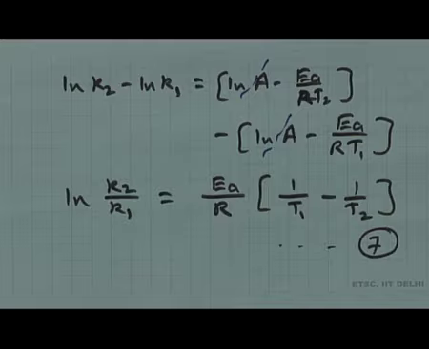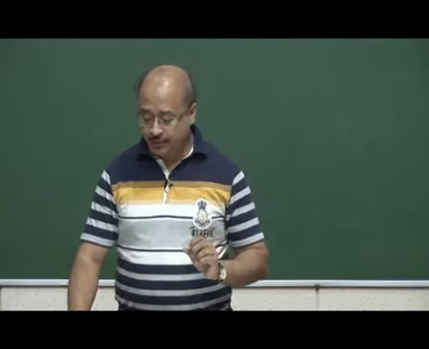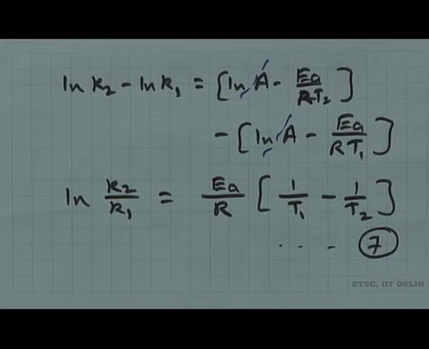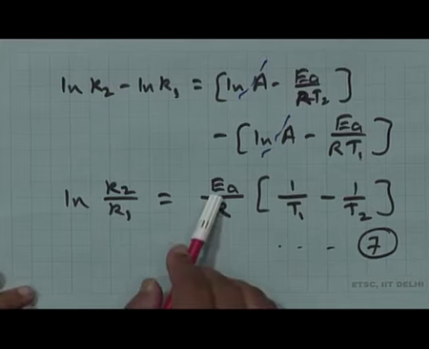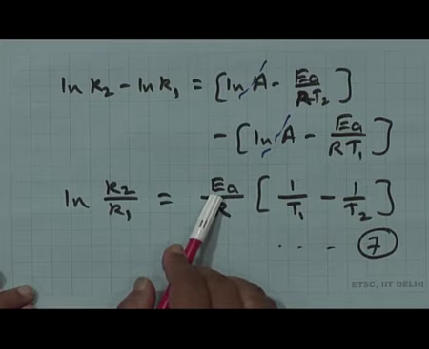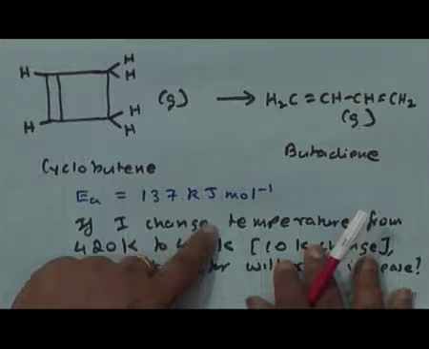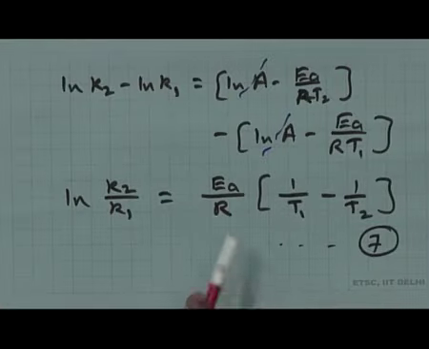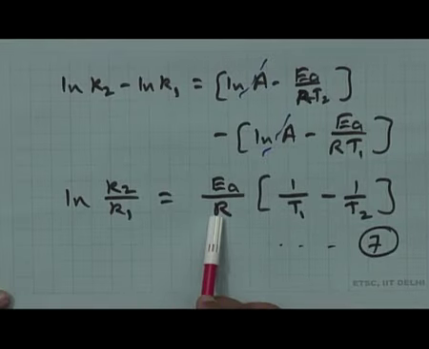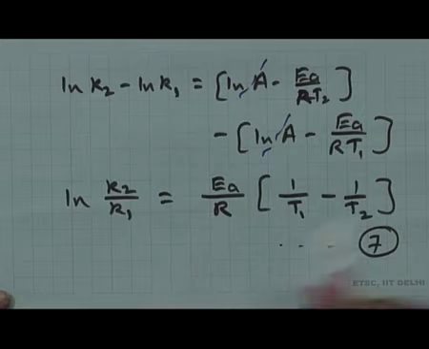So, if you look at this reaction again, what do we know? We know the value of EA. It has been provided to us: 137 kilojoules per mole. We know what R is, the gas constant, 8.314 with the appropriate units.